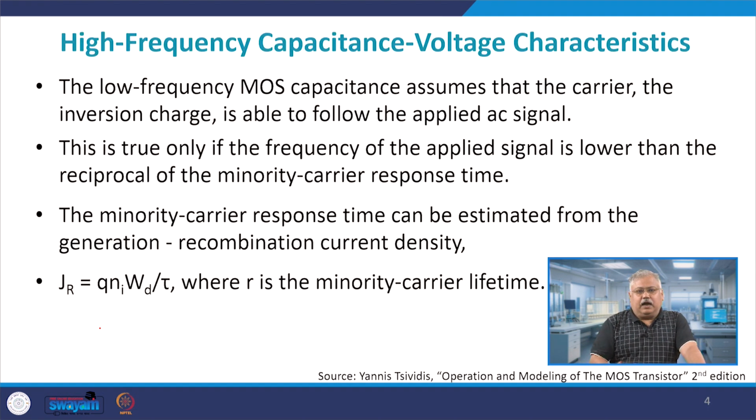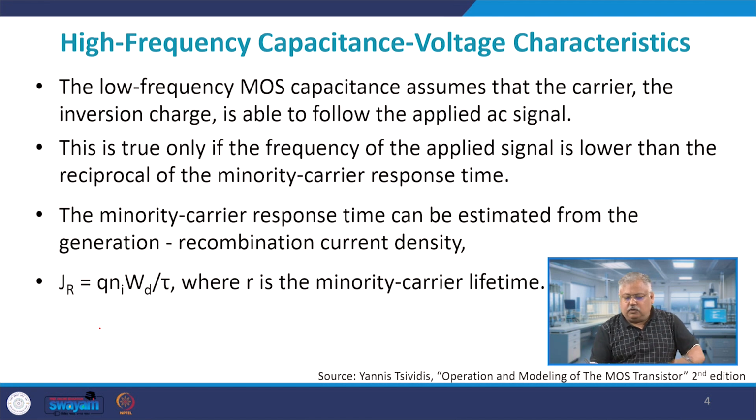Let us look at the high frequency CV characteristics. Now, we assume that when you do have a MOS capacitor, and you are working at low frequencies, the carriers or the inversion charges will be able to follow this applied AC signal, which we discussed in our previous discussion also.